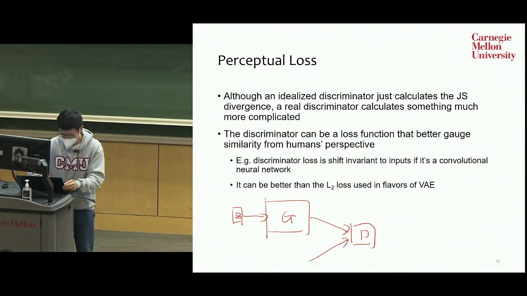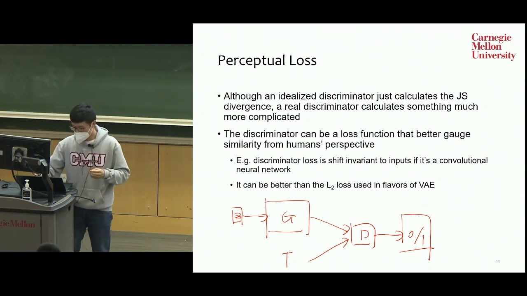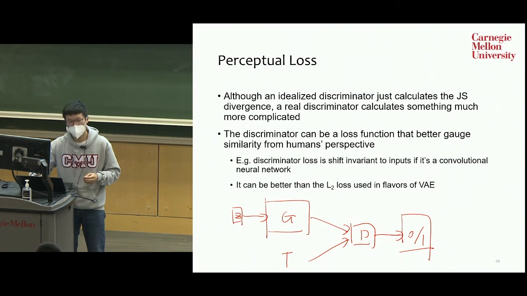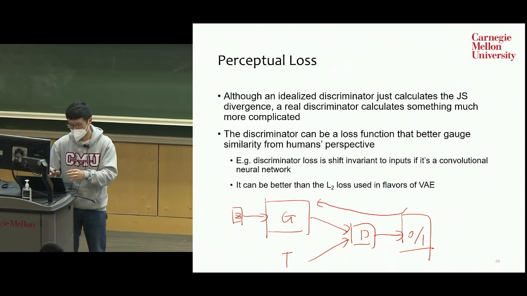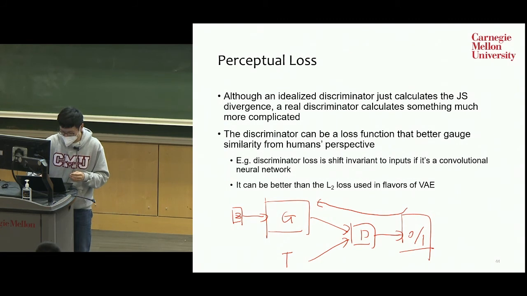You also have actual training data, and you output 0 or 1. So the binary classification loss is this part. However, in order to train the generator, the gradient has to flow through the discriminator, and flow back to the generator for it to be trained.